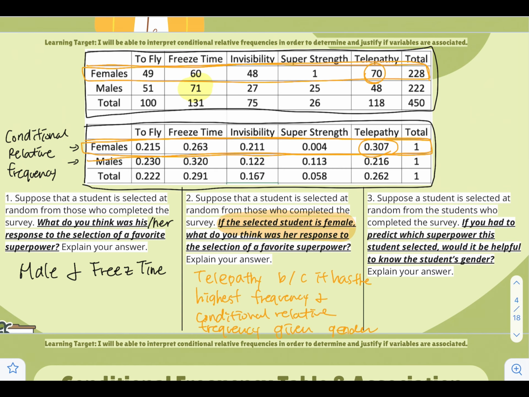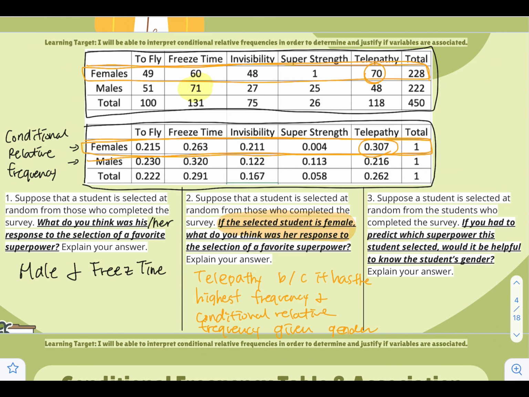Next question, suppose a student is selected at random from students who completed the survey. If you had to predict which superpower the student selected, would it be helpful to know the student's gender? Explain your answer.